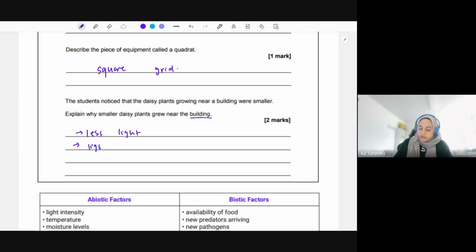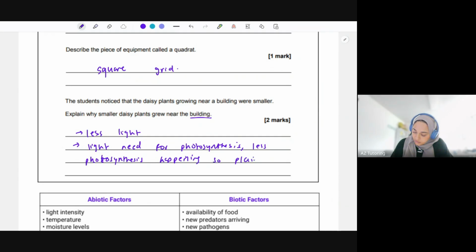Light's needed for photosynthesis. So therefore, less photosynthesis happening. So plants were smaller.